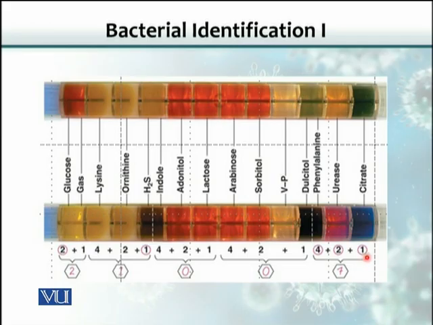Here you see this organism is utilizing citrate, also producing urease, and is also able to utilize phenylalanine as a substrate. So all these numbers are added to generate a code; 4 plus 2 plus 1 creates 7. So this code reads like 21007.